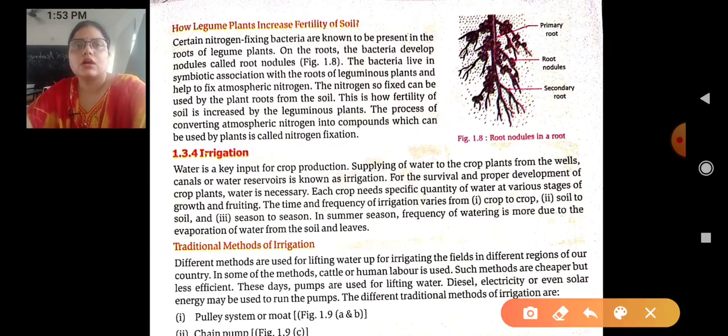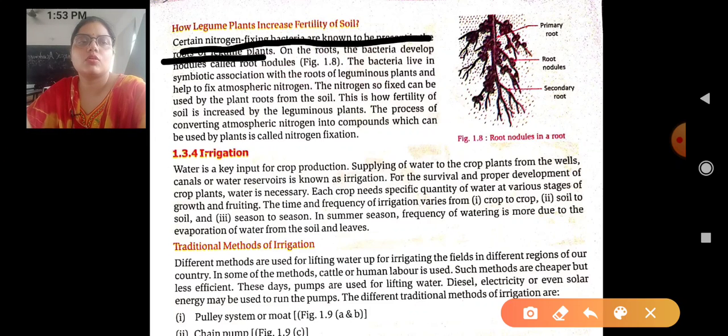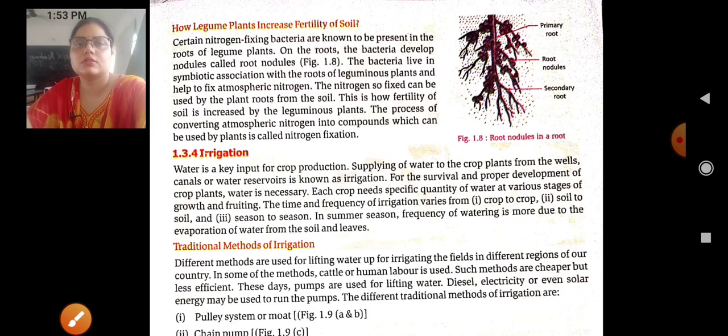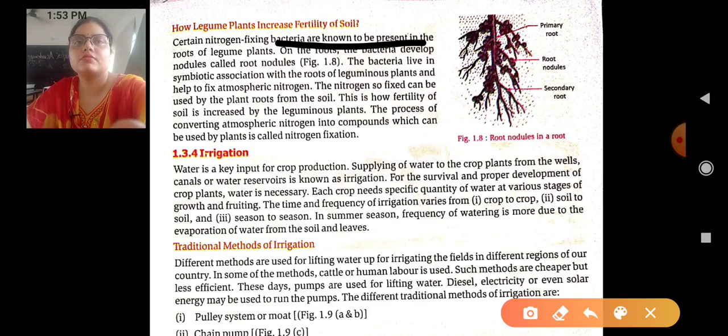Next one is how legume plants increase the fertility of the soil. Certain nitrogen fixing bacteria are known to be present in the roots of legume plants. On the roots, the bacteria develop nodules called root nodules.